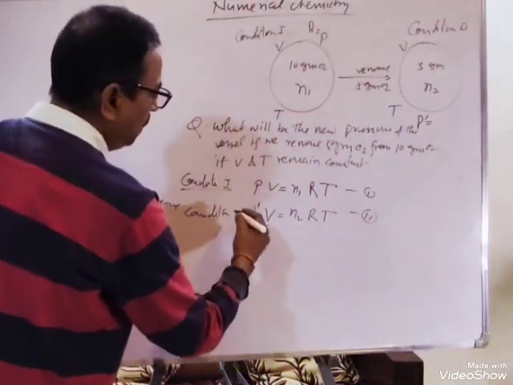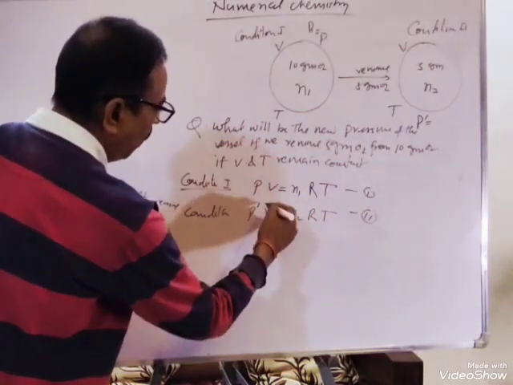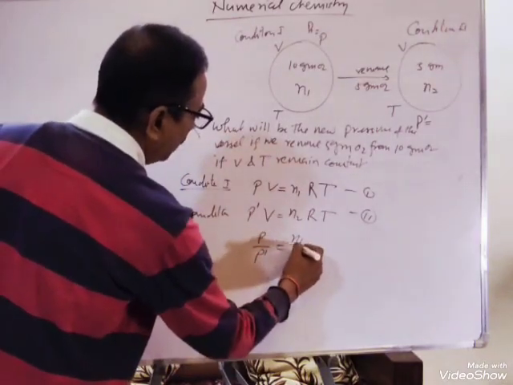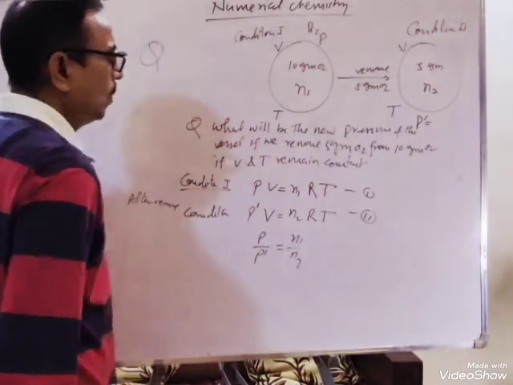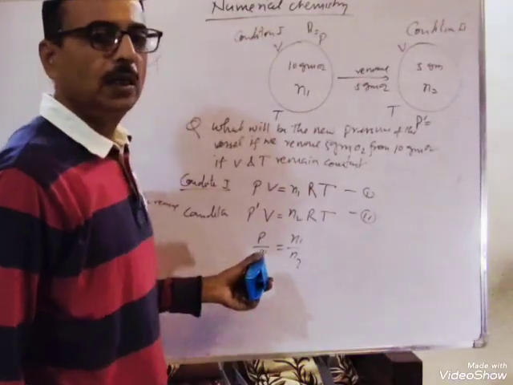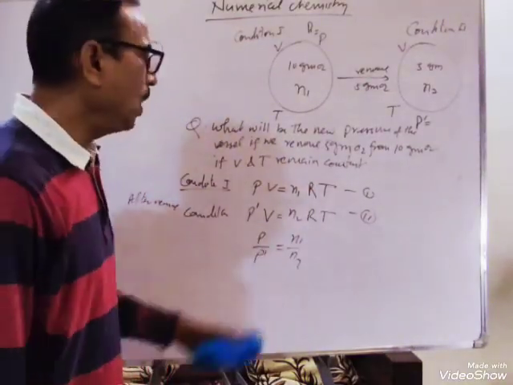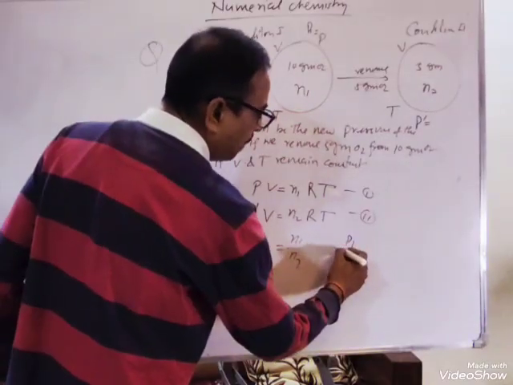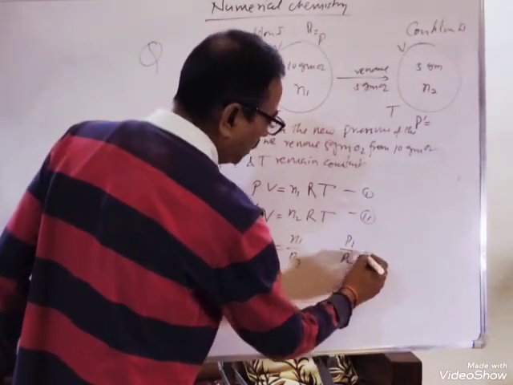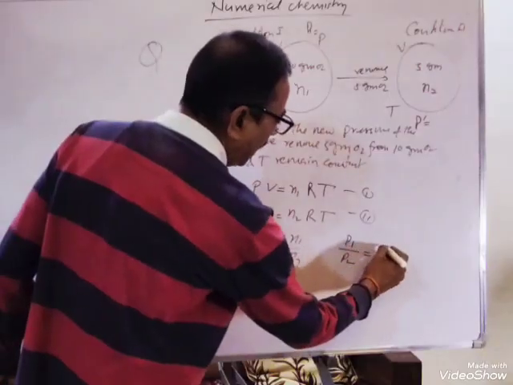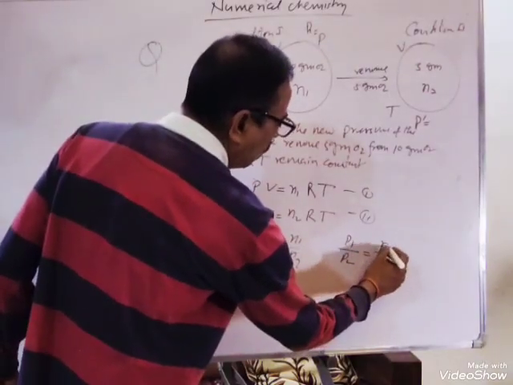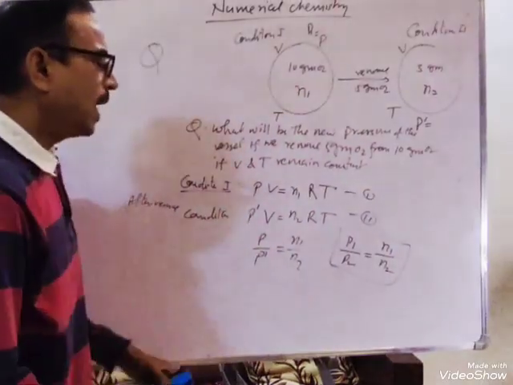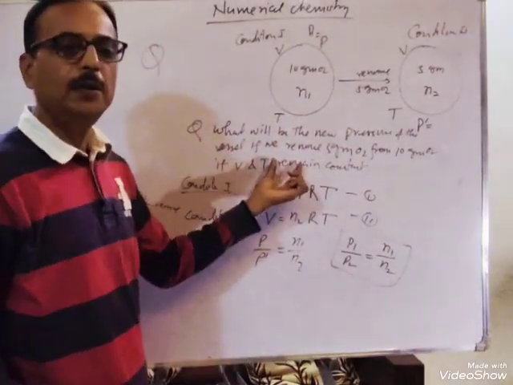So divide. If you divide, volume will cancel, then P by P dash equal to N1 by N2. V and T constant. You can apply this formula directly. Pressure at first stage divided by pressure at second stage is directly equal to number of moles in first stage divided by number of moles in second stage. You directly apply if volume and temperature is constant.